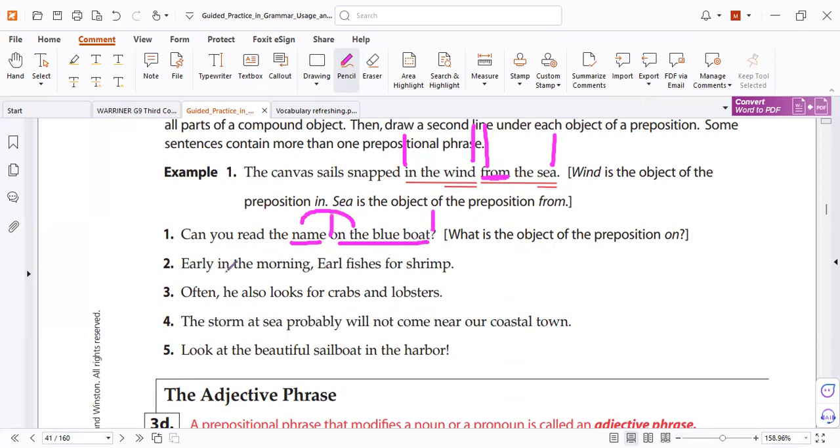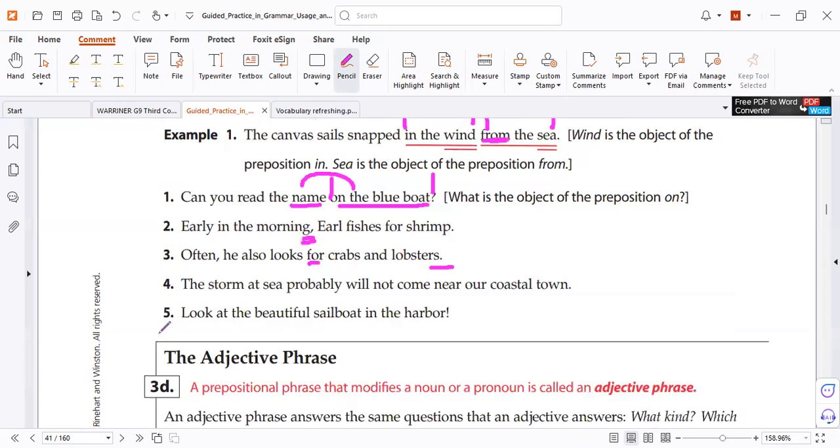Here, for example, in the morning, the end is a comma. Here, the beginning, so the end is a full stop. So where is the beginning? Where is the end? For example, number 4. At sea is a prepositional phrase, because the adverb stops the phrase. So this is the beginning, this is the end. So that is a trap.